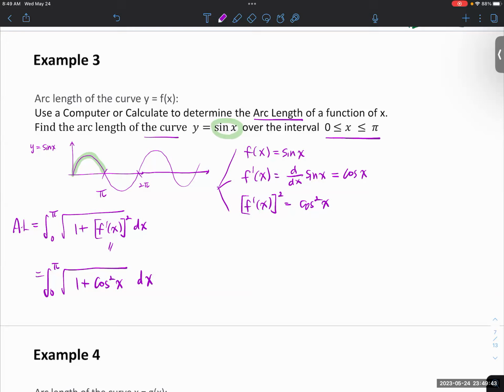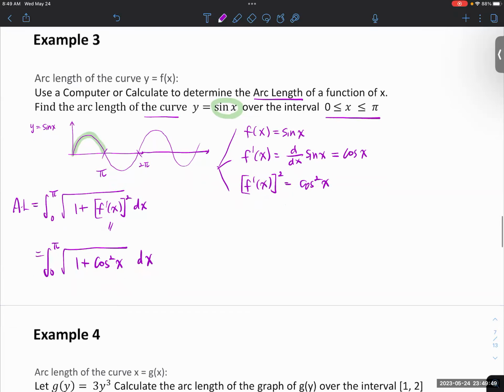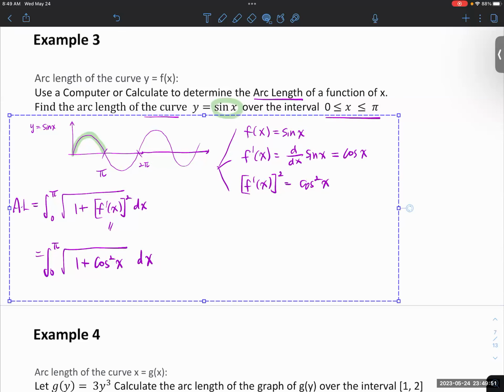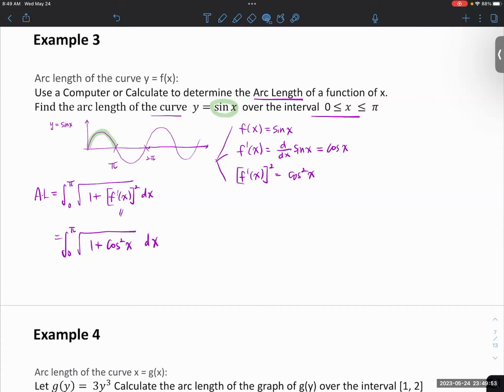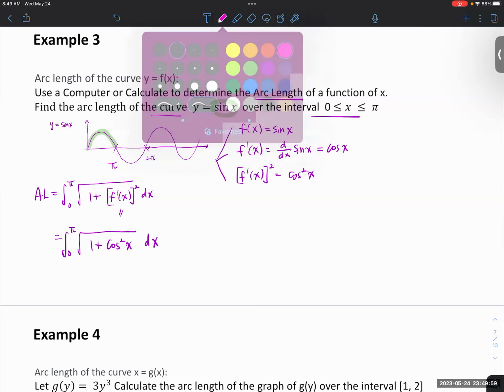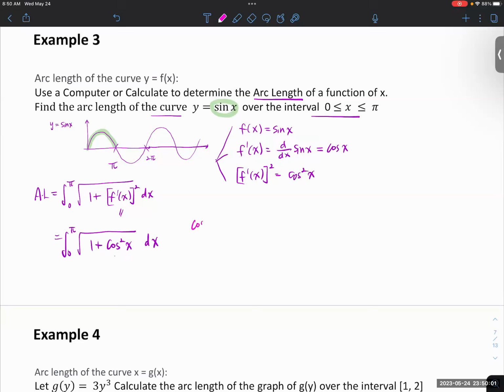Are you guys okay with that? And then here, you can do a lot of work, but it's going to be very complicated. I will show you a little bit of a tip. You can actually use decimal directly. Because of 1 plus cosine squared x, we know that cosine squared x plus sine squared x is 1.